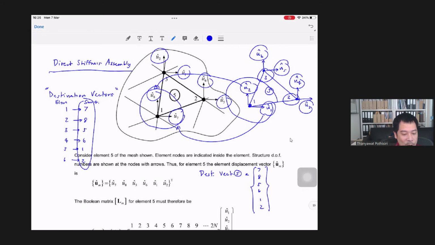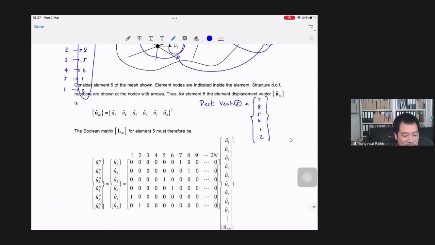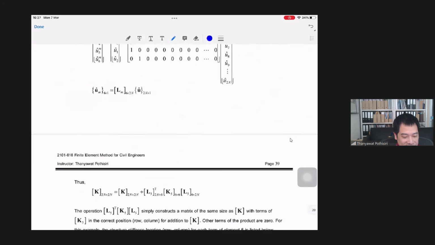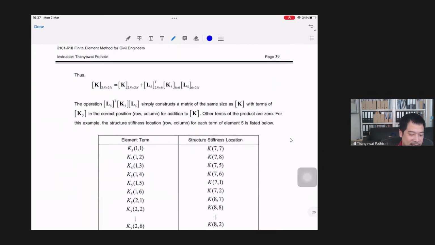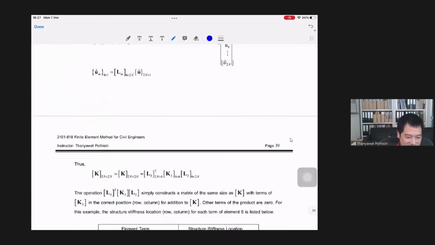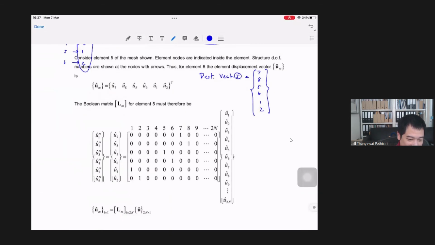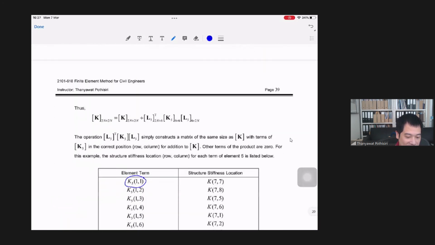So if you happen to have K11 for element 5, this K11, because 1 maps with 7, would end up at K77 of the structure.